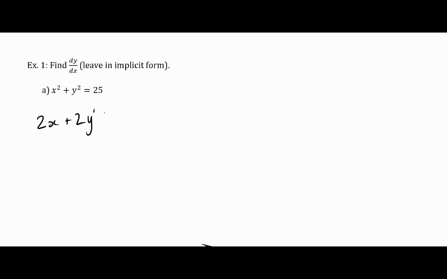What's the derivative of y with respect to x? It's dy by dx. So I'm still taking the derivative of that term in the normal sense, but then I'm also adding, whenever I have a y, the derivative of y itself is dy by dx. Whereas the derivative of x was 1, so we didn't worry about it.